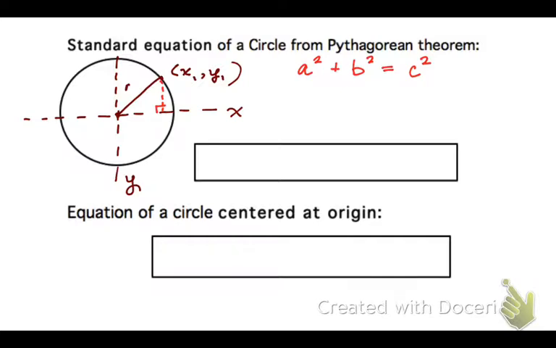To go to this point x, we would move along the x-axis however many units away that is. We would also move up y units to get to that point, which means in our equation, we're now going to have x squared plus y squared is equal to r squared by substituting those values into Pythagorean theorem. So this is actually the equation of a circle centered at the origin.